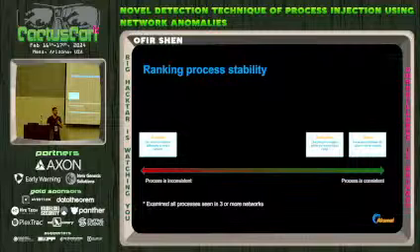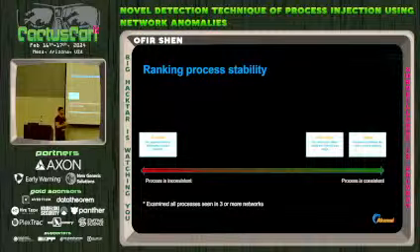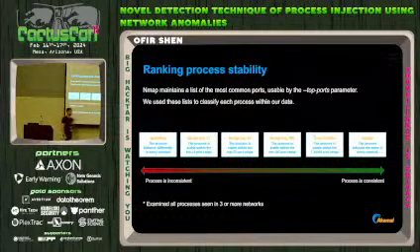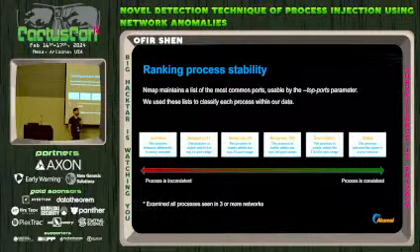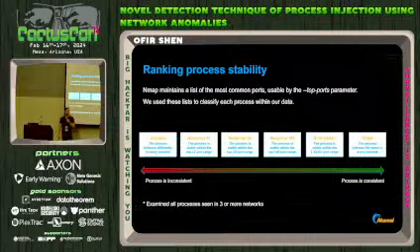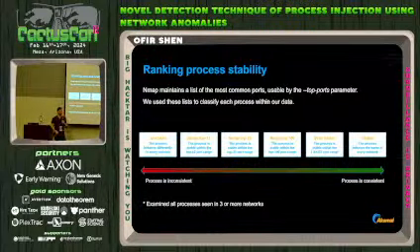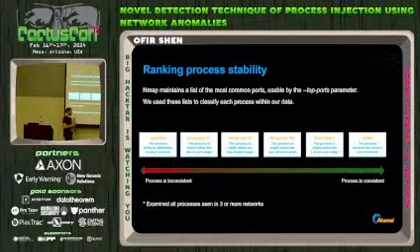And applying the same logic, we came up with these three groups that are based on the Nmap top ports parameter. So Nmap maintains a list of the most common ports that is known in the wild.